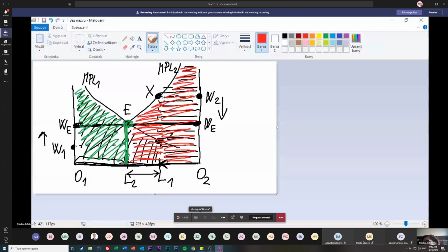GDP in the second country is O2, L2E, this big area. So the new GDP in the first country is the green color. The new GDP in the second country after migration is the red color.